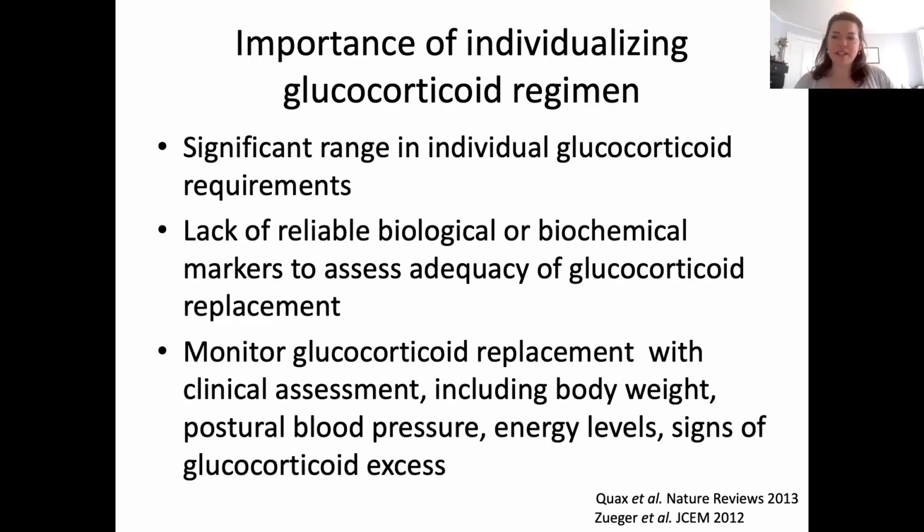There are some other questions and comments that I might defer to later because I think you'll cover it. But one question is, is there a specific time in which you would use prednisone for glucocorticoid replacement versus hydrocortisone? Yeah, I tend to use them interchangeably.